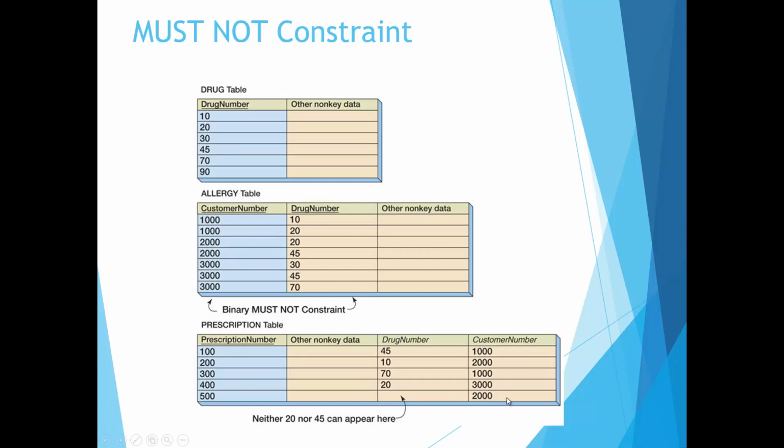So when it comes to customer 2000 and in the prescription table, I cannot prescribe for them neither 20 nor 45 because they have allergic reaction to it. So must not be there. That's another constraint that we can get from the other two tables in the relation.